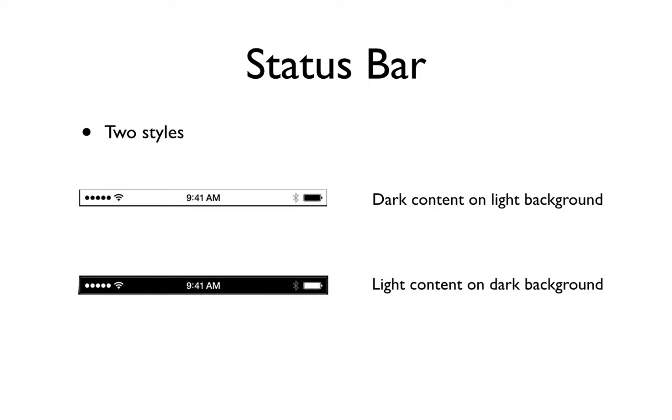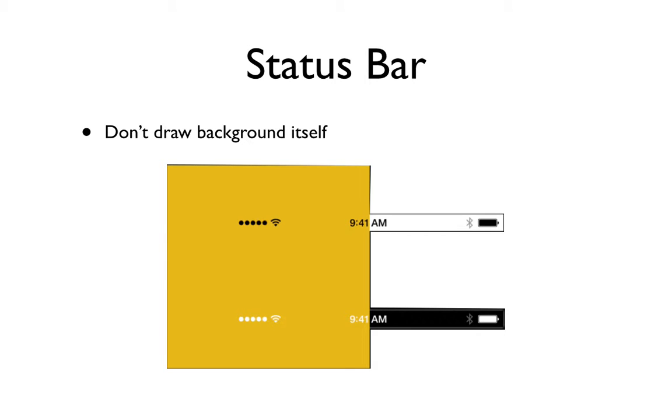So you can think of the style as only affecting the content. If you have a view under the status bar, you will see through the status bar too. That's a very big change.